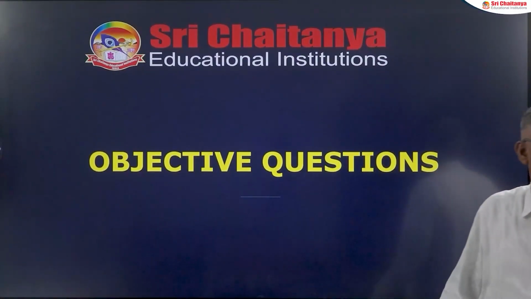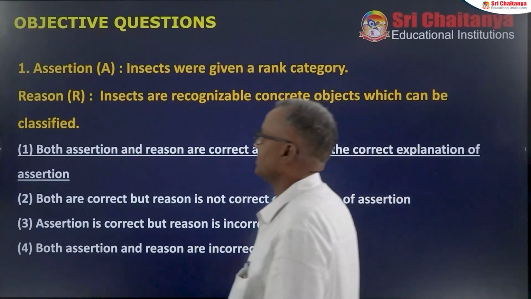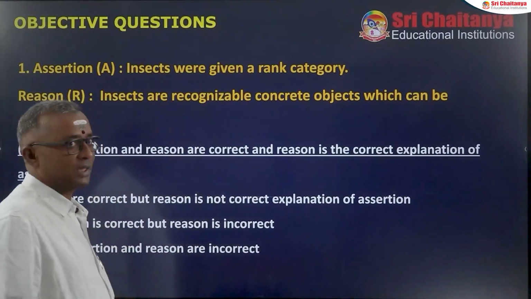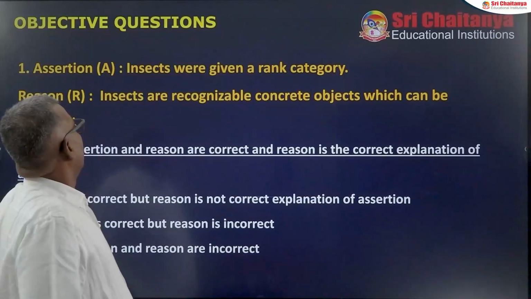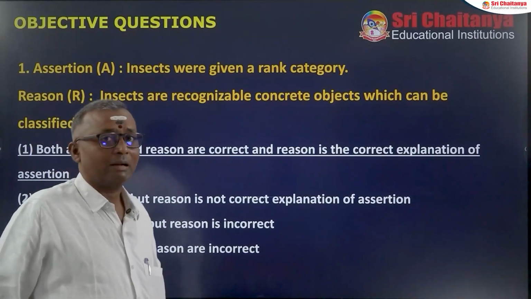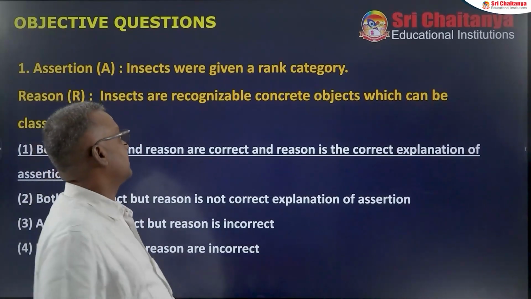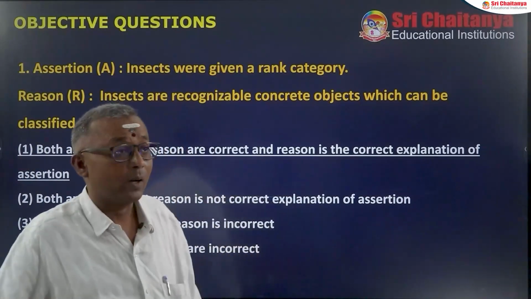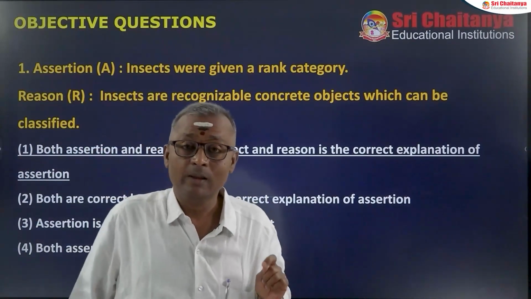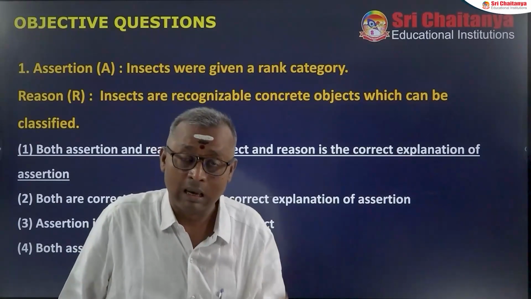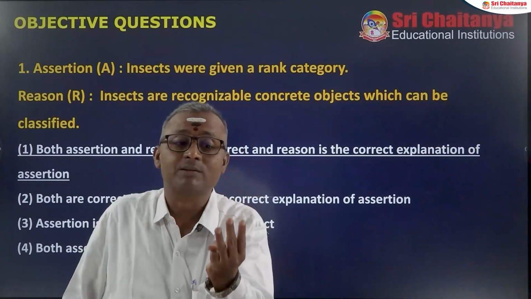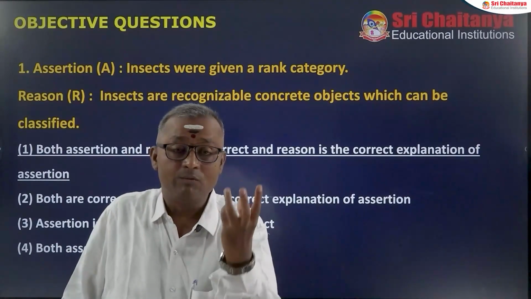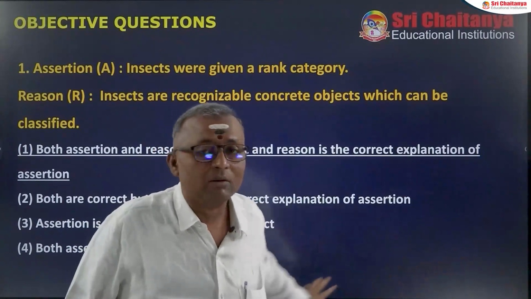Next, let us see some of the objective questions from this chapter. The first one: the assertion is that insects were given a rank or category. Why? I already clearly stressed that insects only have 3 pairs of jointed legs. They have some specific characters which you cannot find in any other organisms.